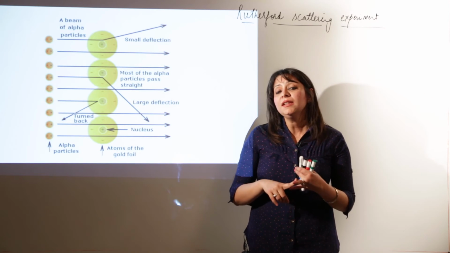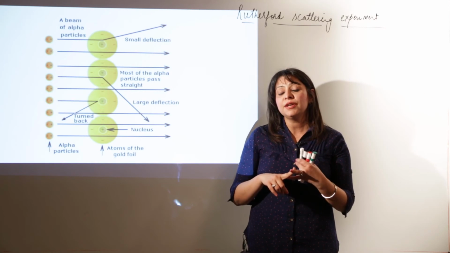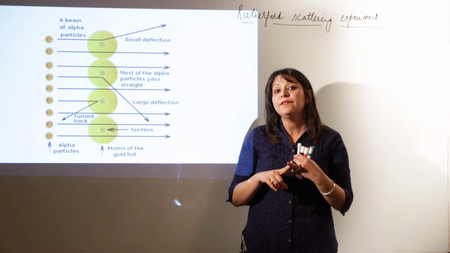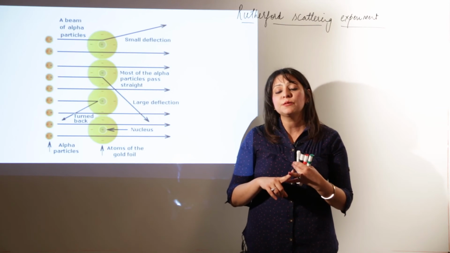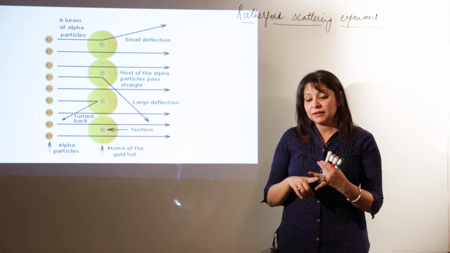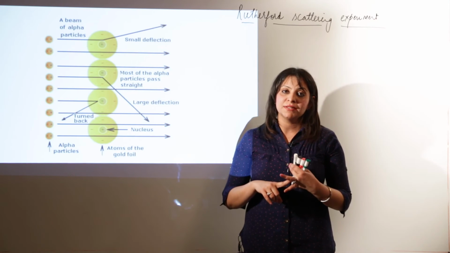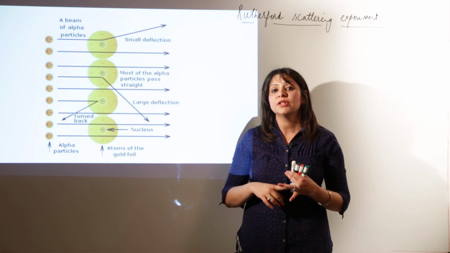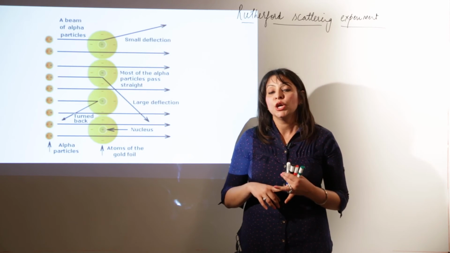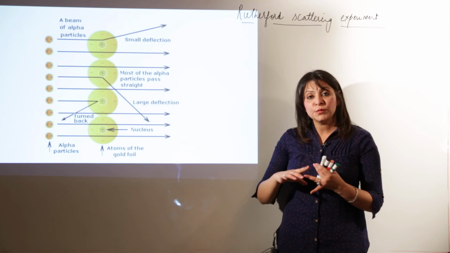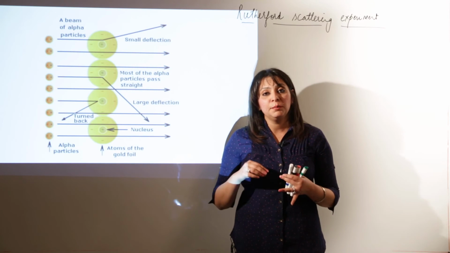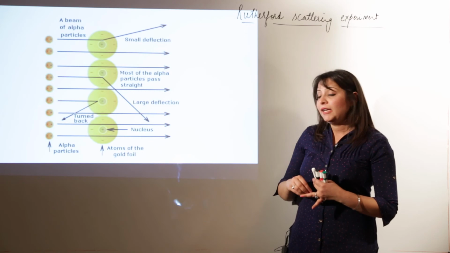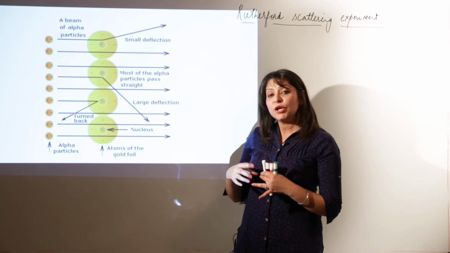There is something in the center of the atom, a dense concentrated mass occupying a very small area, and he called that mass the nucleus. And third, the nucleus is positively charged, because a few rays retrace their path.